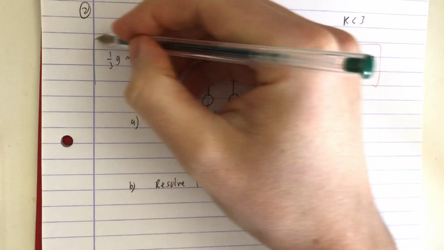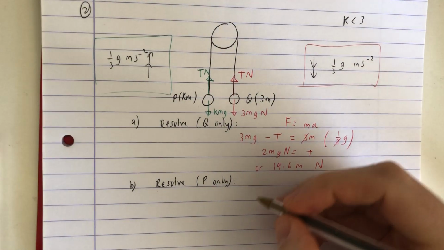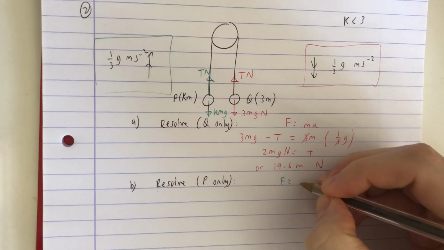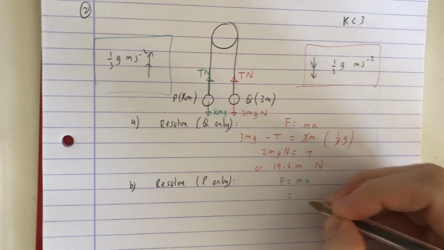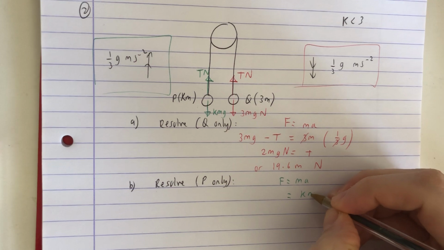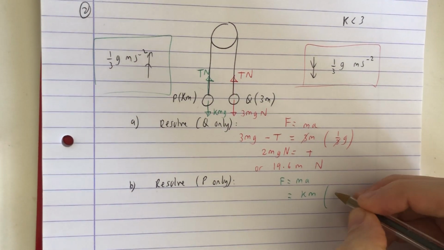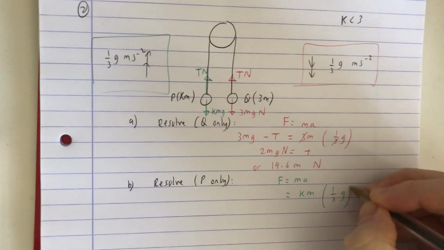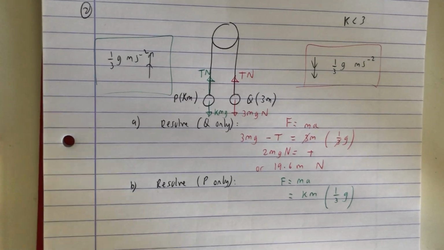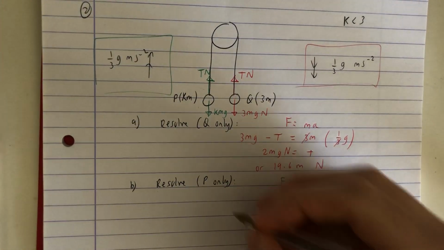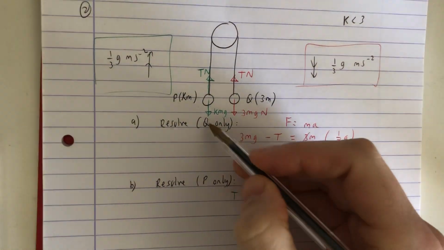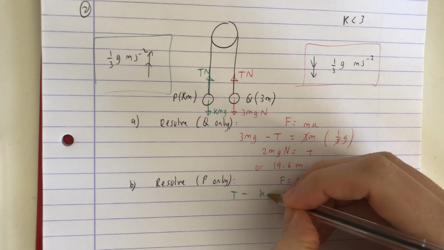And this particle is accelerating as well. So F equals ma. The mass of this object is km. The acceleration is 1/3 g. Forces going with the motion is T. Forces going against the motion is kmg.